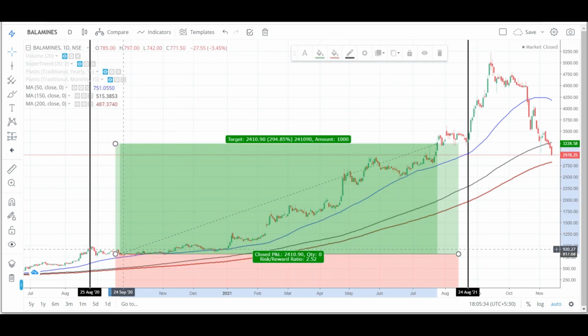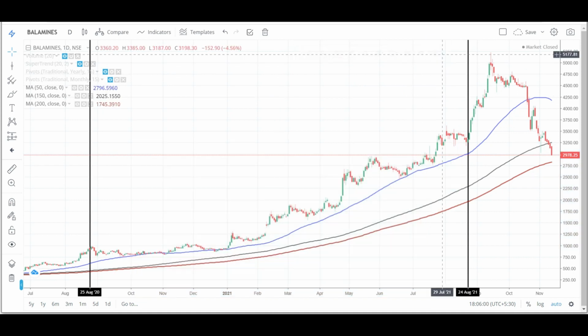The stock was already up around 300% when I took the trade. So it clearly satisfies that the stock price when I took the trade was more than 25% above the 52-week low.